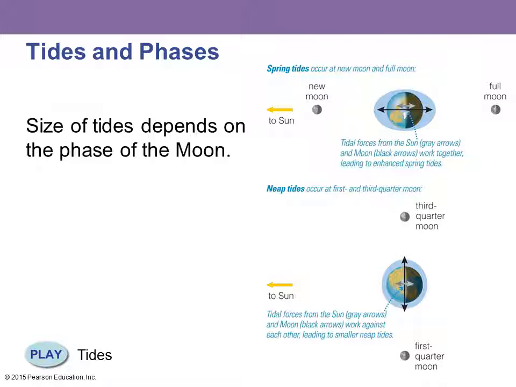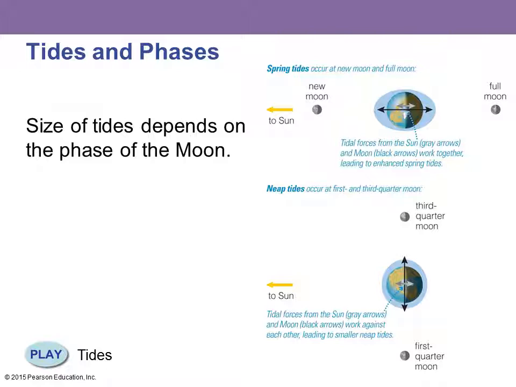Well, those two phases are responsible for extremely high tides because the moon is either in line with or on the same side as the sun. So the combination of the sun's gravitational pull plus the moon's gravitational pull will stretch out the oceans and give us high tides and low tides.